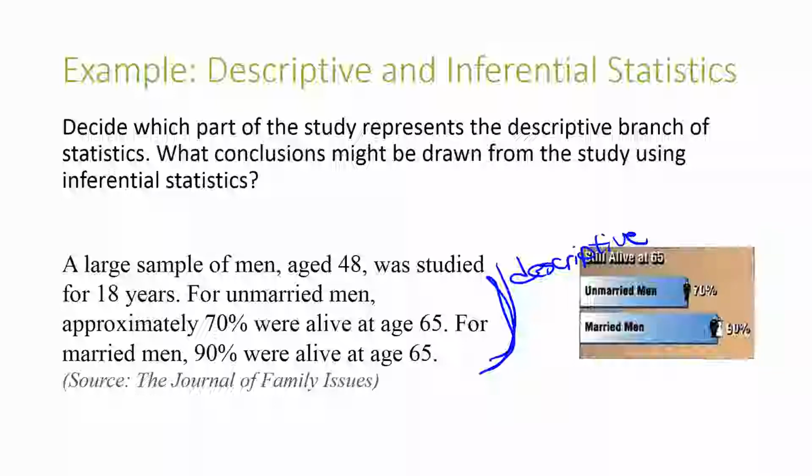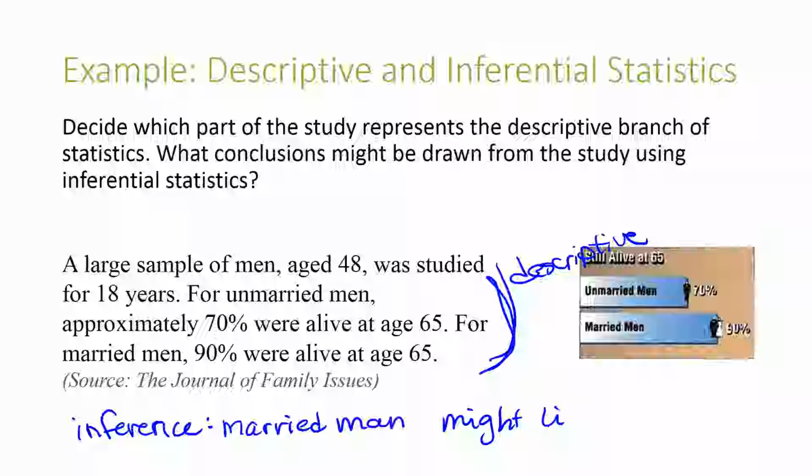But as you read this, or listened to me read it, you probably thought, the married men were more likely to live longer. That is the inference. So the inference is the conclusion we draw from the data. And so in our sample, it was definitely true, but there's a good indication that a married man might live longer, or at least they're more likely to live longer. It's not a given, but it's one of the factors.